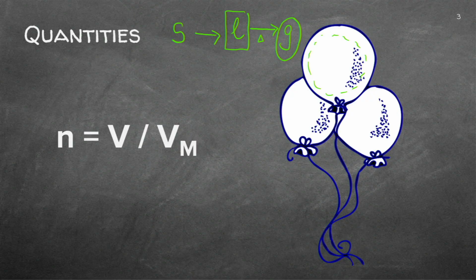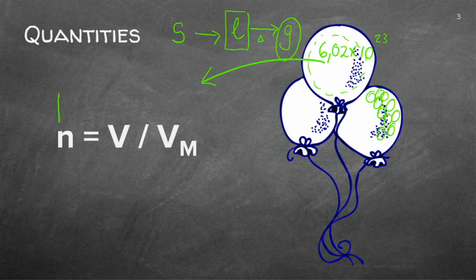Now, they also saw that if I have 1 mole of particles in here, in other words, 6.02 times 10 to the 23, and I've written that number out in the previous lesson, so you know there's many particles in this volume.